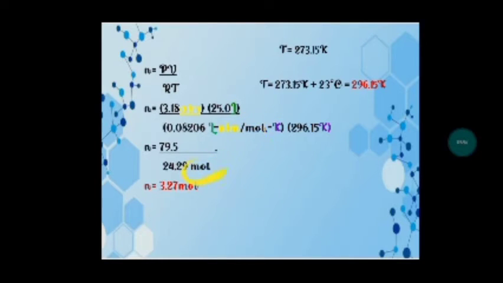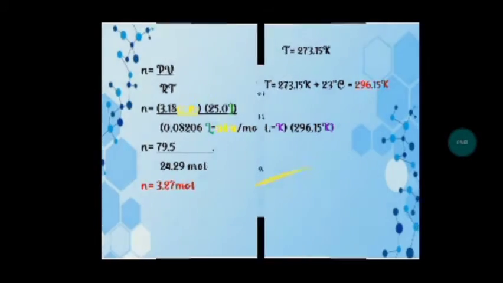So, we divide 79.5 by 24.29. It comes up to 3.27 mole. So now the number of moles in the tire is 3.27 mole. So we proceed.